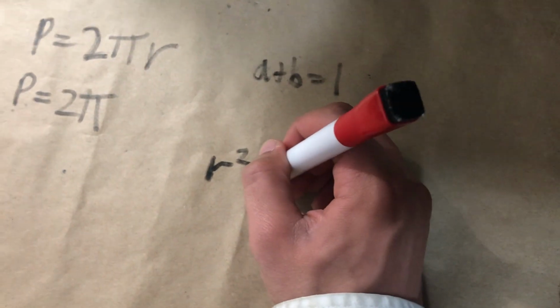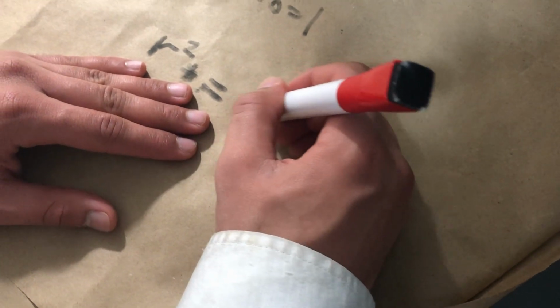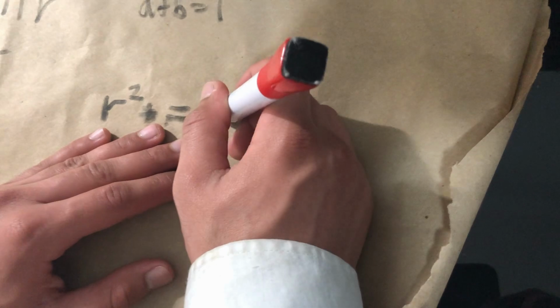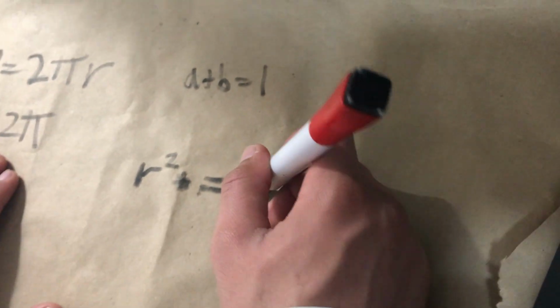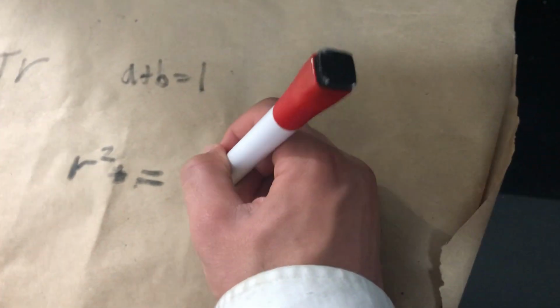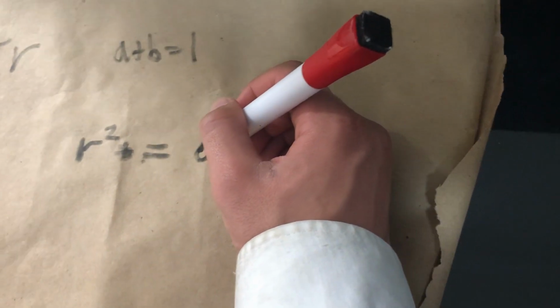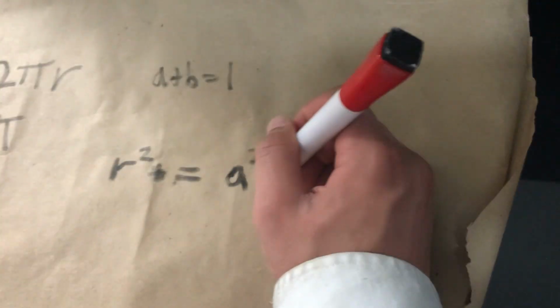So it's kind of straightforward. The first one we're going to do is r squared equals A squared plus the side length, which we just chopped into half, squared.